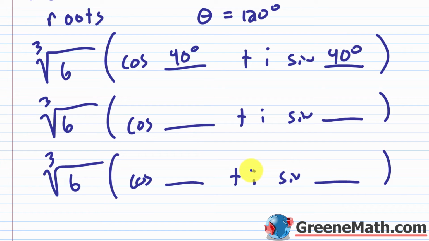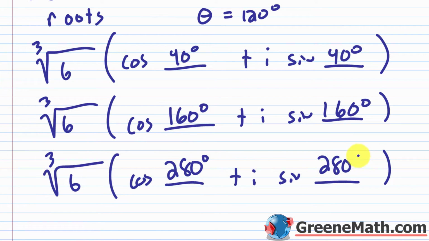Well, it's going to be 360 degrees divided by n, which is 3, so that's 120 degrees, and you're just adding that to the preceding one. So in other words, in this case, 40 degrees plus 120 degrees would be 160 degrees. So this would be 160 degrees, and then you're going to add that again, so 160 degrees plus 120 degrees, that's going to give you 280 degrees. So these are my 3 cube roots for that complex number.